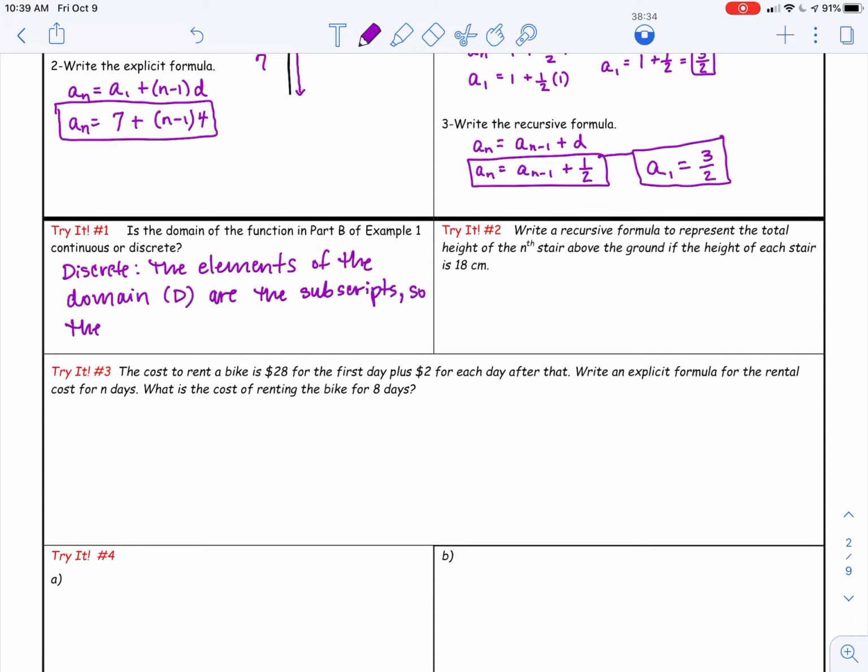So the D, or the domain, consists of only natural or counting numbers.